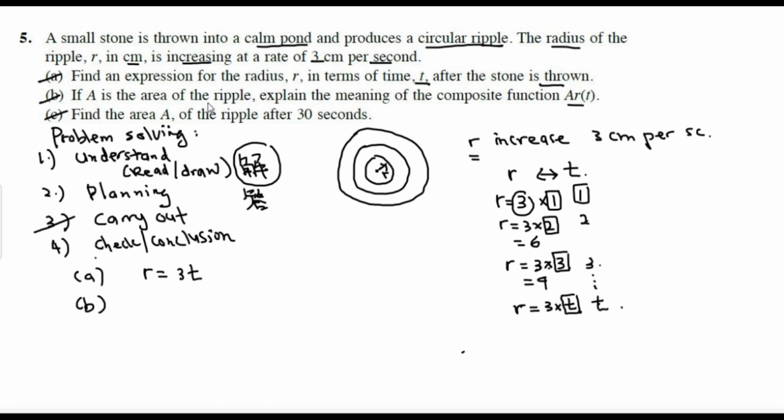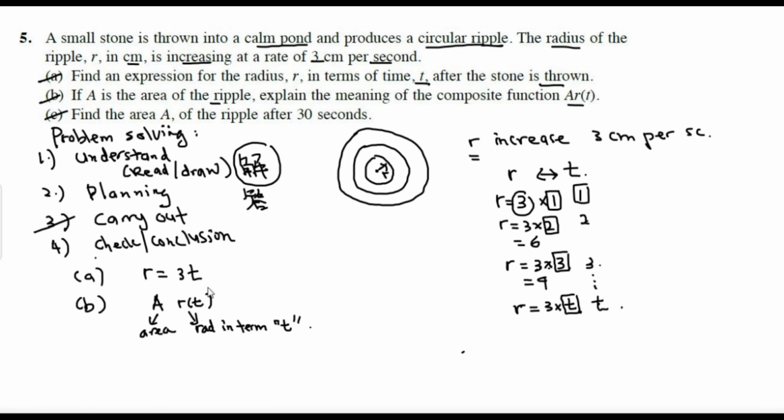Let's proceed to B. If A is the area of the ripple, explain the meaning of the composite function A(r(t)). r is the radius in terms of t.